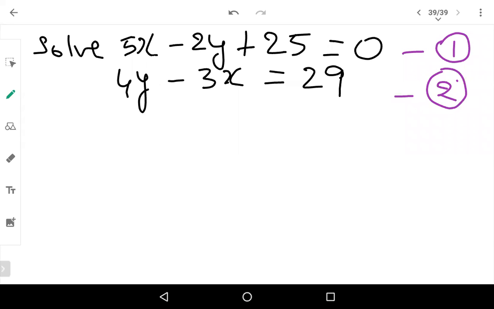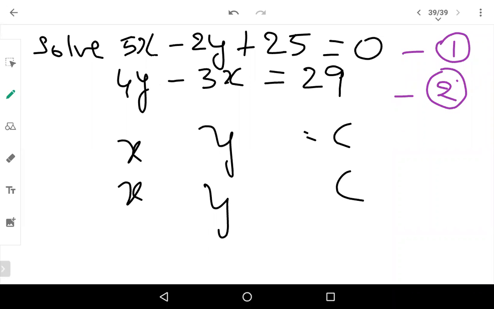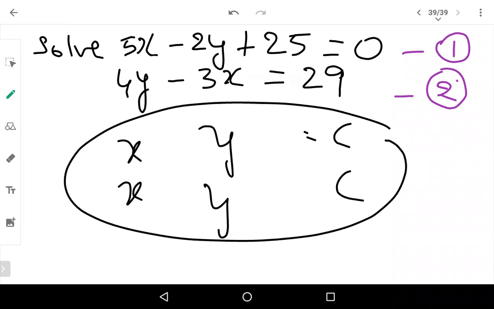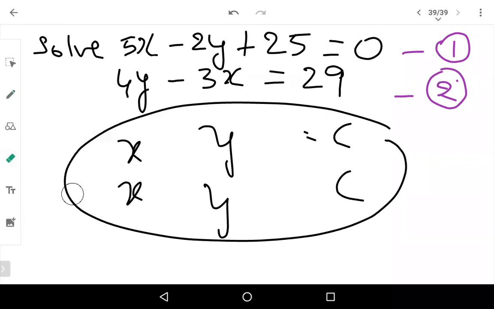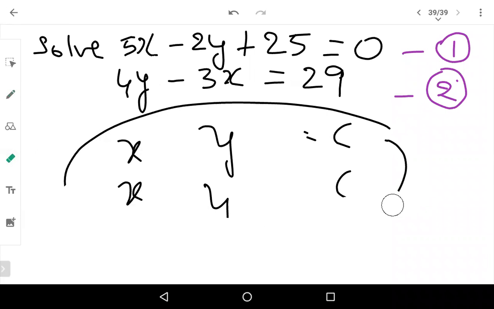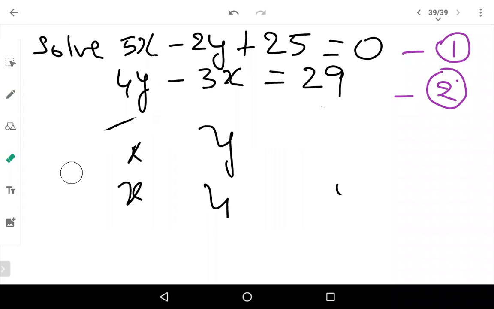Now, they are not in the same format, right? Usually we used to get x and x, then y and y, and then constant and constant. This was the format for us, but here this format is not followed. So let us first bring the equations to this format, and then we will continue to solve the equations.